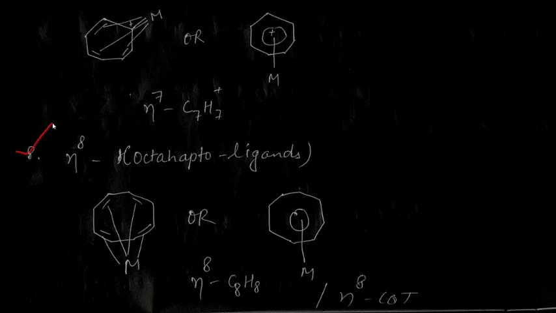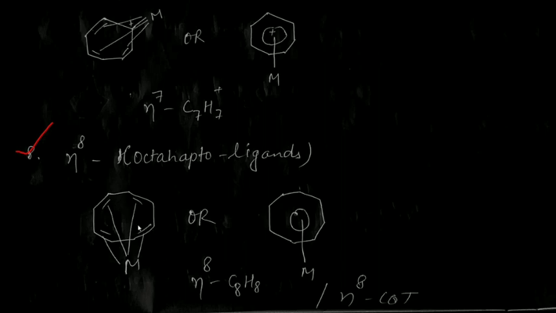Another example is eta 8. Eta 8 is an octahapto ligand. An octahapto ligand means a ligand in which 8 donor atoms are directly attached to this metal atom.